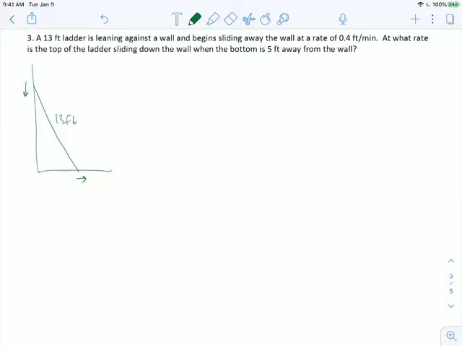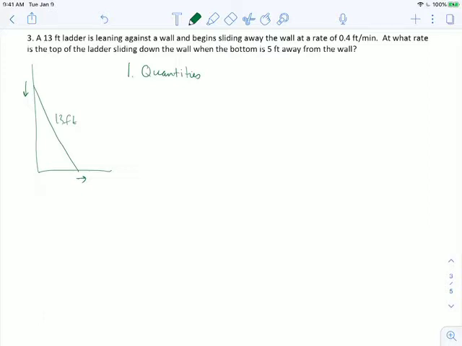So I can see here in the picture I've drawn, I've got a ladder that's 13 feet long leaning up against the wall, and as the bottom slides away, the top slides down. So we need to think about what is changing here. What are the quantities that are changing?